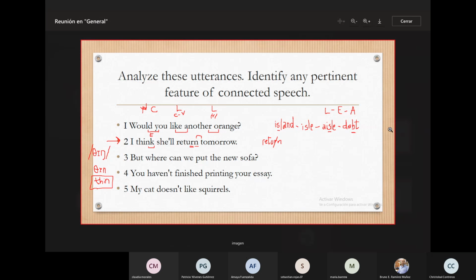It's not pure as if you just said it isolated, right? I would say "can we". There's some sort of influence of the following sound. So the n sound does not become fully bilabial, like "woo", right?